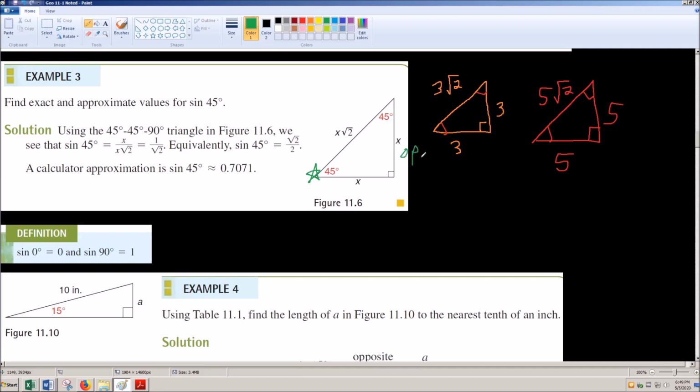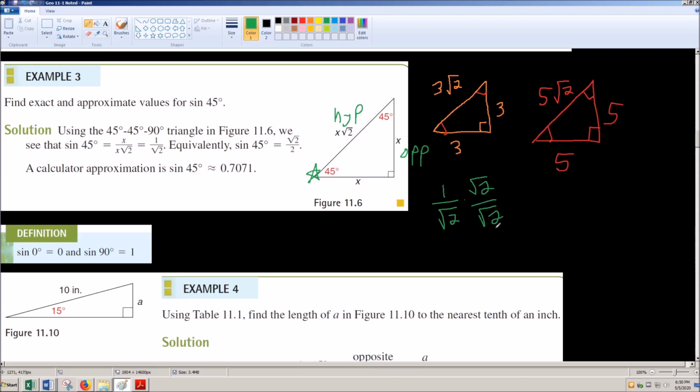But I'm going to label my opposite. Here's my hypotenuse. So if I wanted to do the math out here, I have x divided by x root 2, which is going to give me 1 over root 2 when I simplify, because the x's are going to cancel off. So now when I'm looking at this thing, I'm saying, okay, well, I want to rationalize, so I want to multiply this by root 2 over root 2.